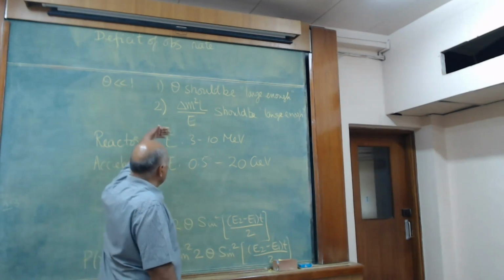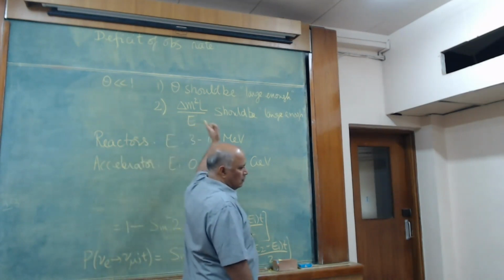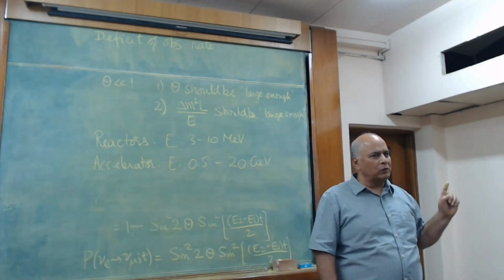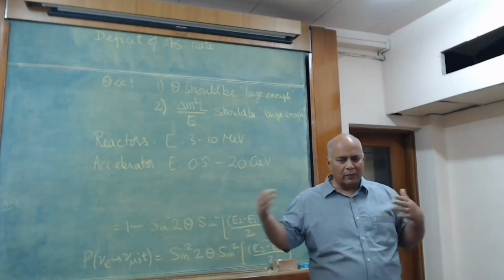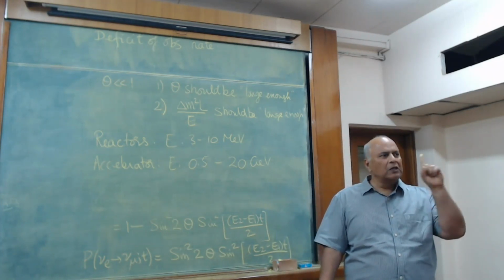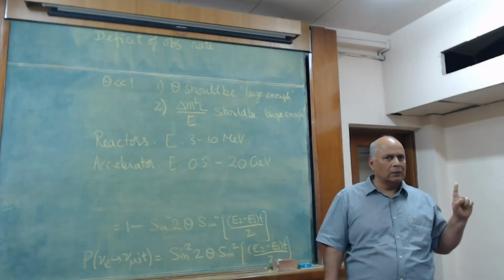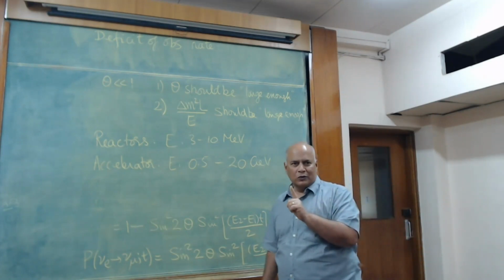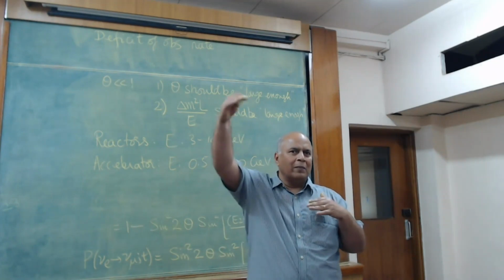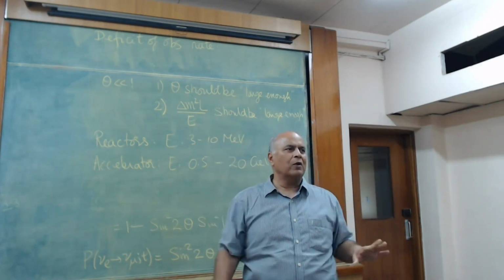And one thing you should realize is we do not have a man-made neutrino source, or for that matter a natural source either, with a single value of E. Every neutrino source has a range of E, and typically E max by E min is about a factor of 3.